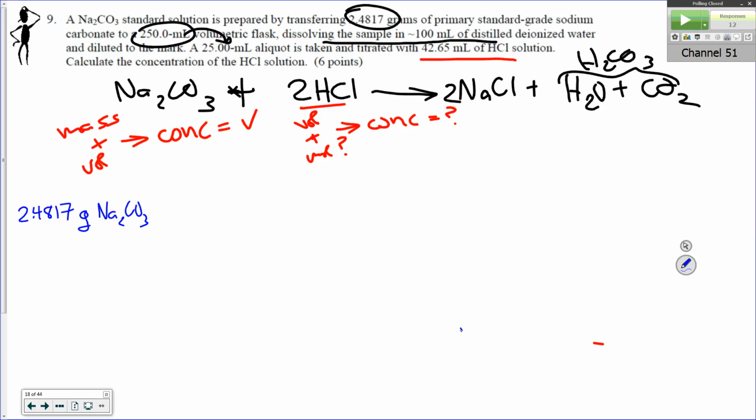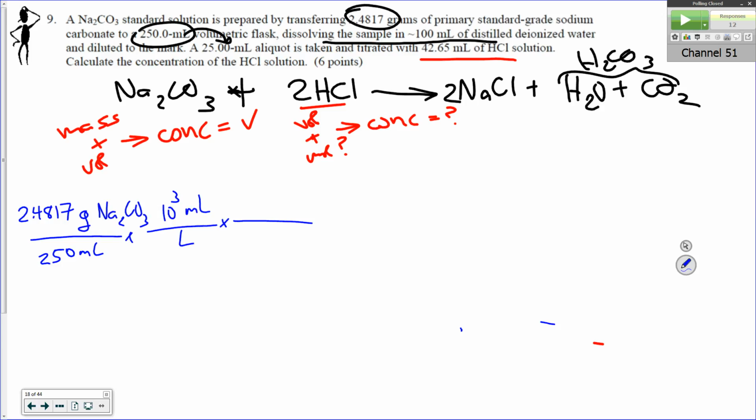Start with what we know, and then go ahead and put in the volume of it. It's in 250 milliliters. I'm going to go ahead and convert that to liters. I would normally do that just in my head. Okay, so now I use the molar mass of sodium carbonate.